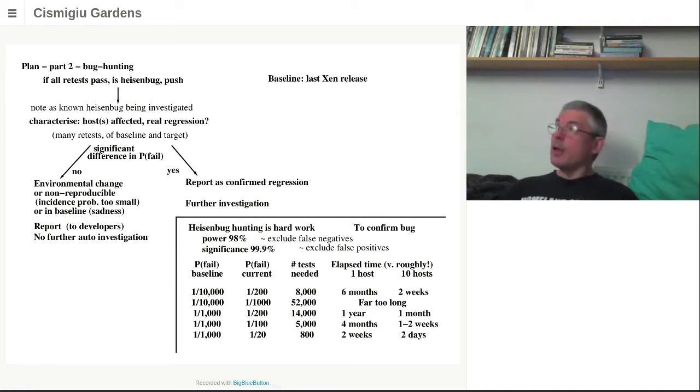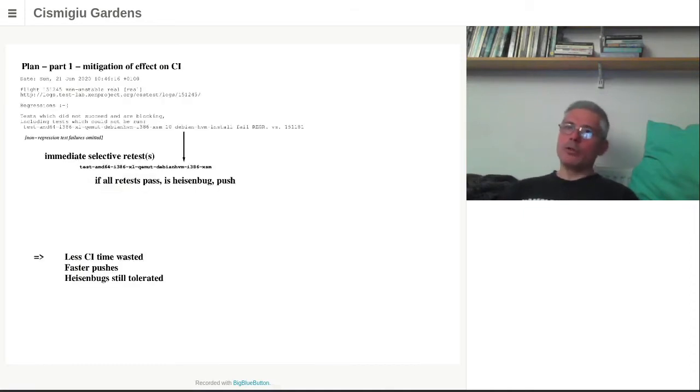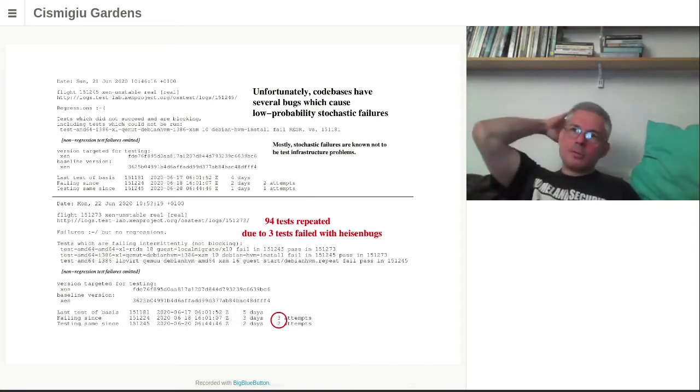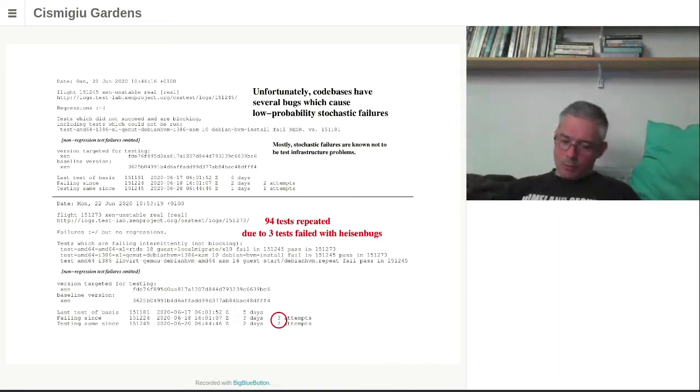There's one other thing that people often say to me in this context. I'll go back a couple of slides. Developers who read reports like this and notice that there are many of these stochastic failures often think that the problem is, oh, the tests are just unreliable. And I'm pretty sure that's not the case.